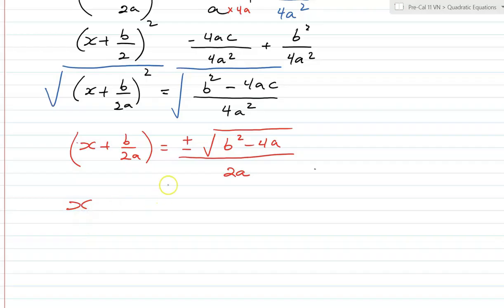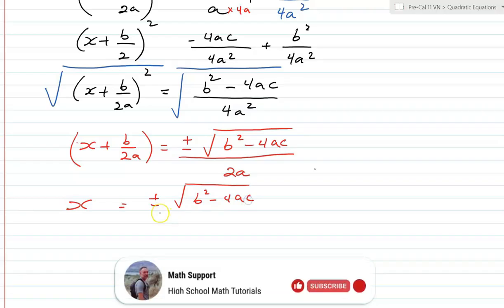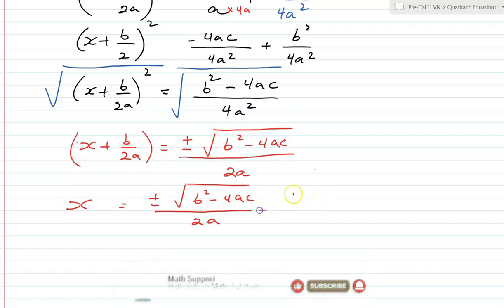So here it is, x equals plus or minus the square root of b squared minus 4ac, divided by 2a, that's our first term, and then minus b divided by 2a.